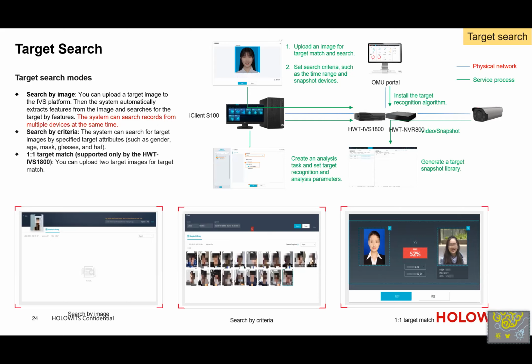These feature data are stored in our backend device, so we can do a search by image, a search by criteria, and a 1v1 target match, as we show in this feature.